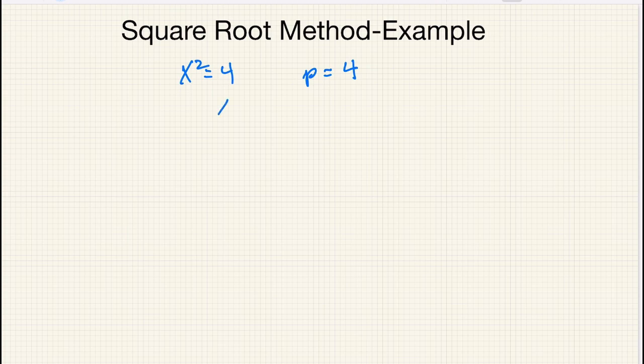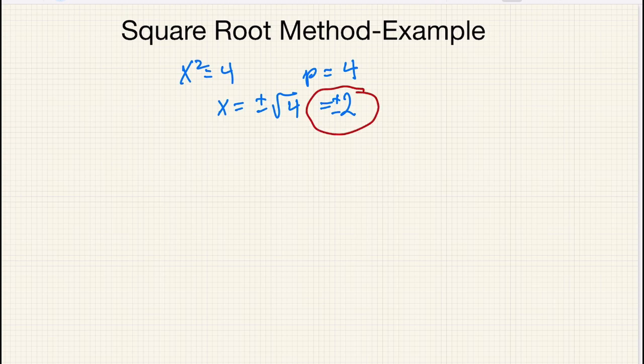So we know that x is going to be equal to plus or minus the square root of 4, which is equal to plus or minus 2, because that's just the square root of 4. So there's the answer to our problem. We know that x in this simple equation is going to be plus or minus 2.